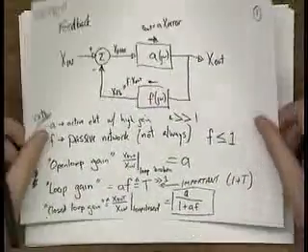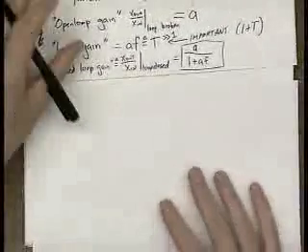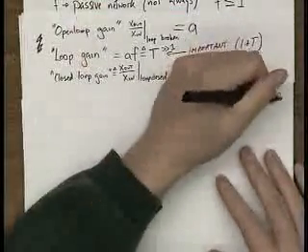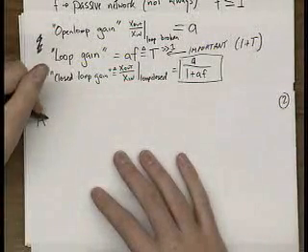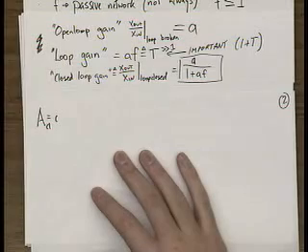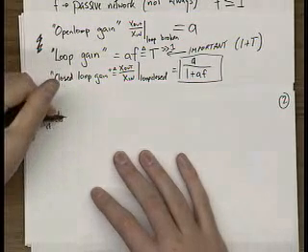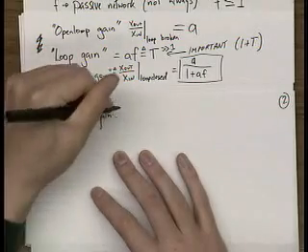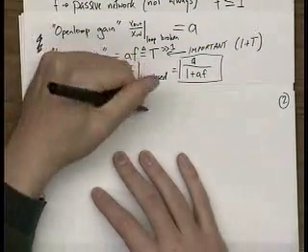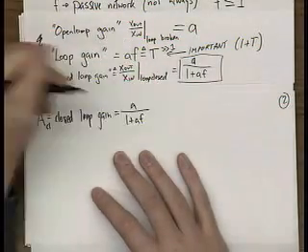And something else that's important to keep in mind: the closed loop gain, I'll just put CL, is equal to A over 1 plus AF.